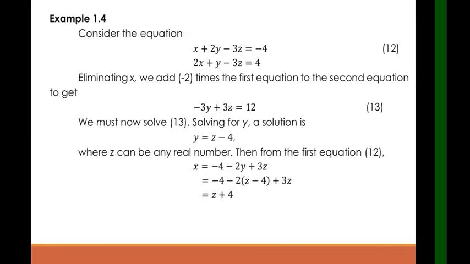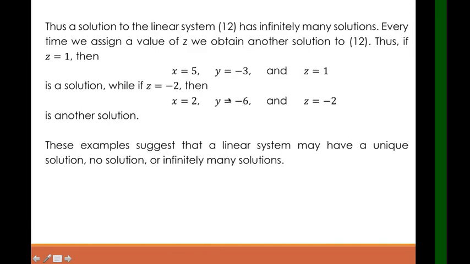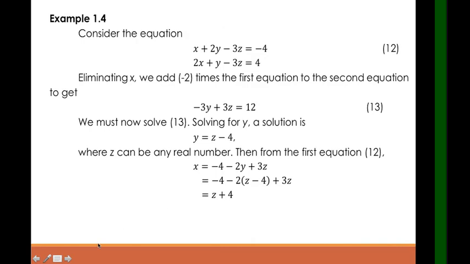So, ang ibig sabihin nito, since ang x natin is z plus 4 at ang y is equal to z minus 4, kung mag-assume tayo ng value ni z is equal to 1, let's say 1 siya, then y equals 1 minus 4, and therefore y is equal to negative 3.